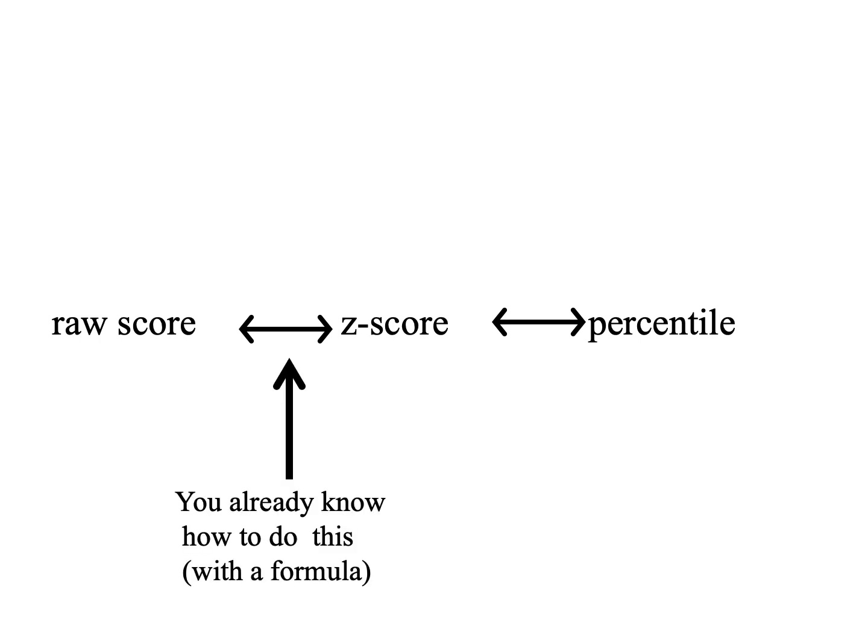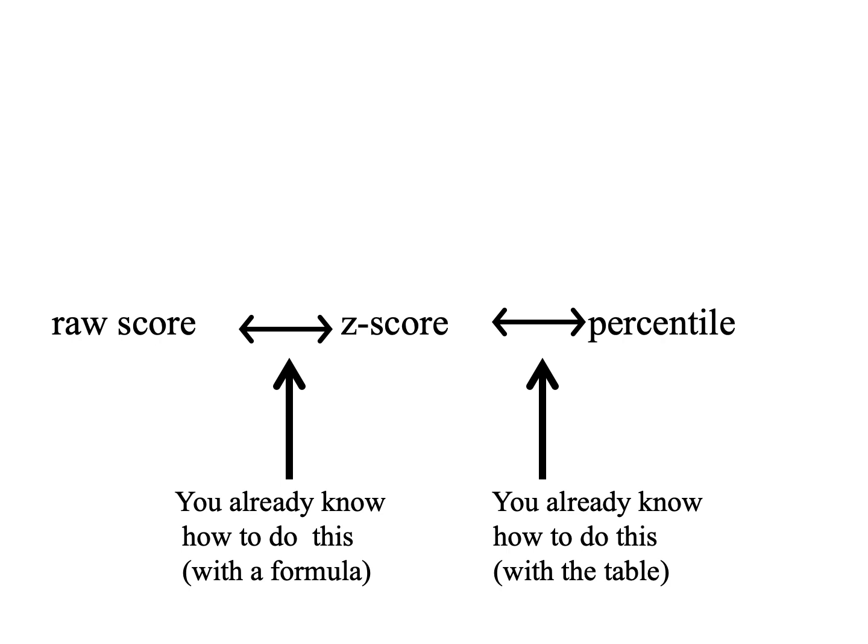Luckily, you already know how to do the whole thing. You already know how to go back and forth between raw scores and G-scores, so you just need to use the formulas. And you already know how to go back and forth between G-scores and percentiles as well. So you just need to use the table of the percentiles of G-scores that we've used a few minutes ago.